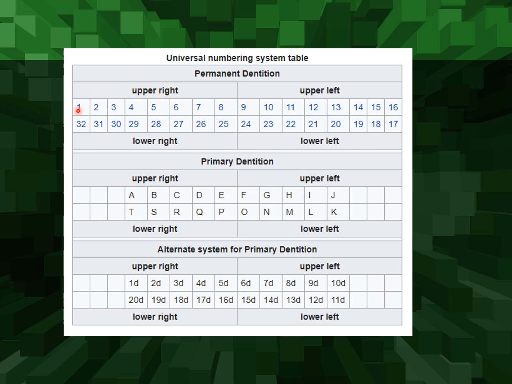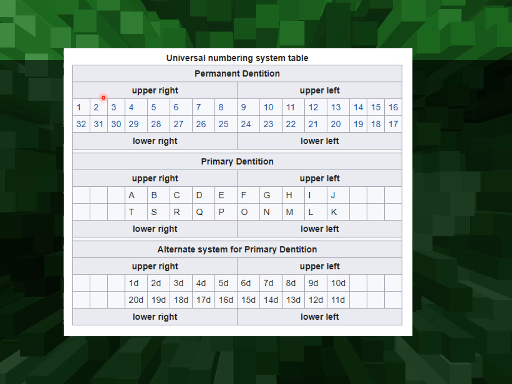As you can see, the universal numbering system for permanent dentition begins from the upper right third molar, upper right wisdom tooth, numbered 1, and then numbering step by step.